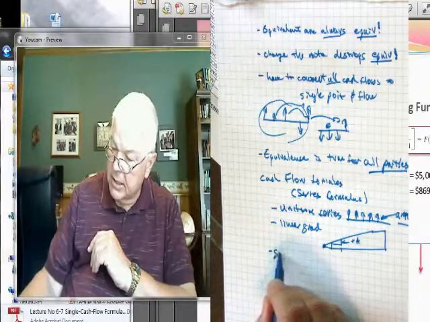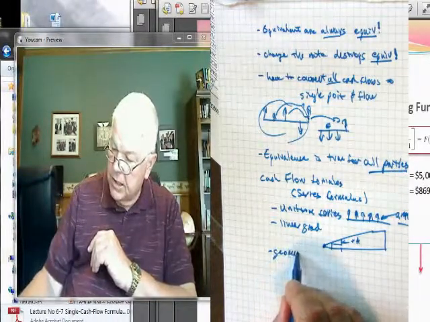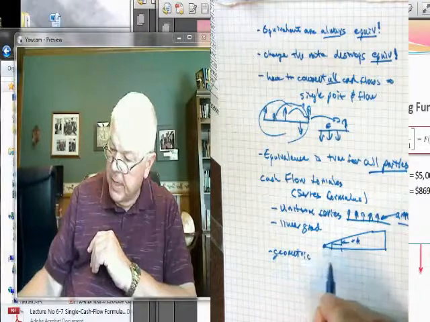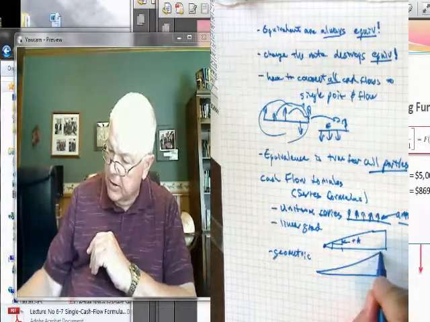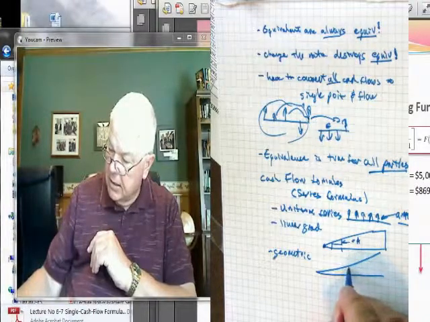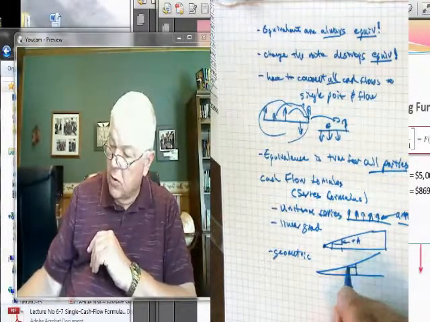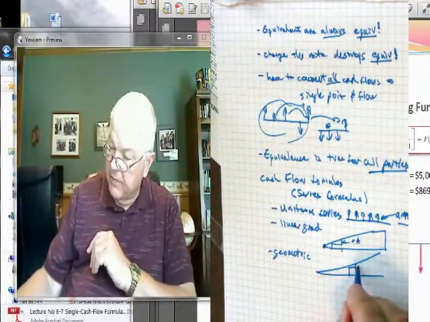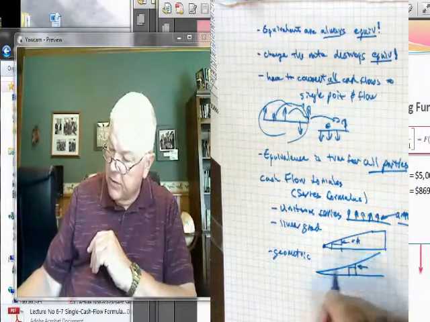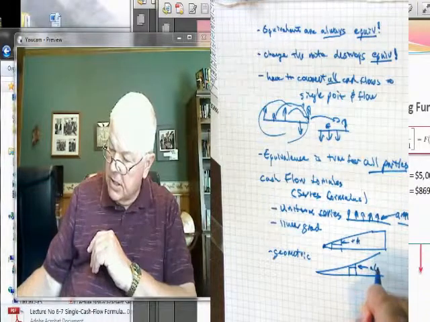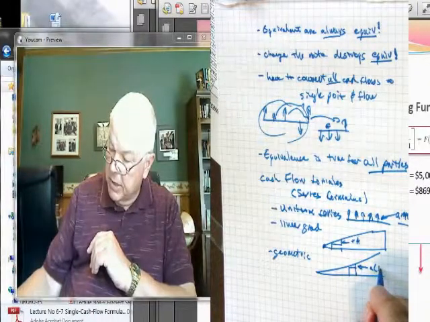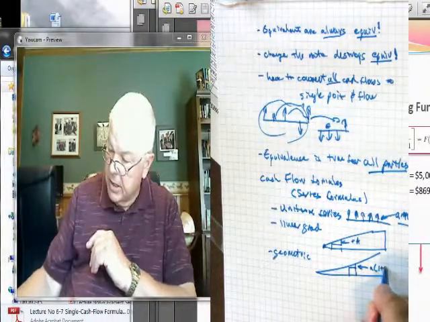Then we have geometric. Well, it's just like it sounds. You start at 0 and it goes up geometrically, so each piece is going up by some factor. If we started off with the first piece being something A, then the increase will go up as 1 plus some interest to some power.